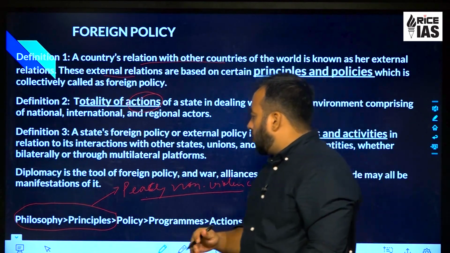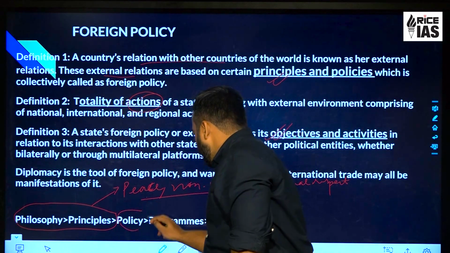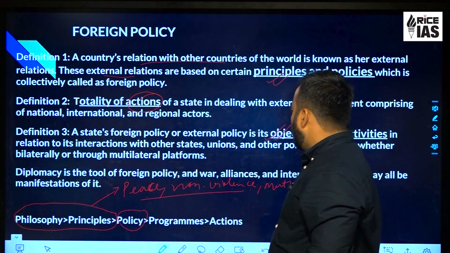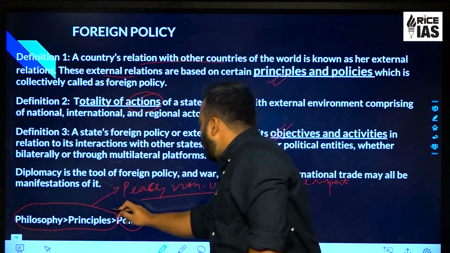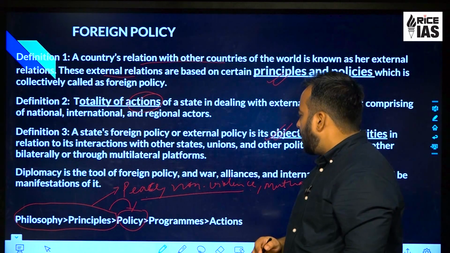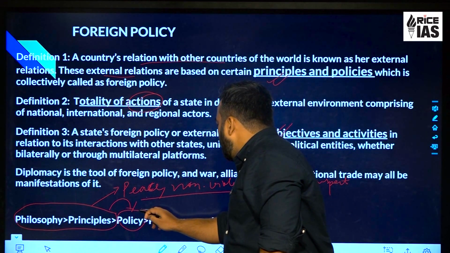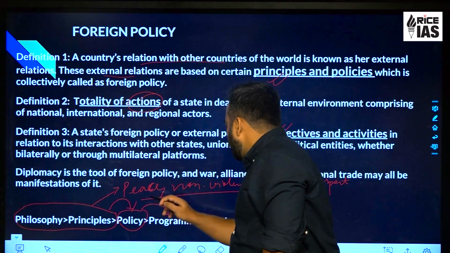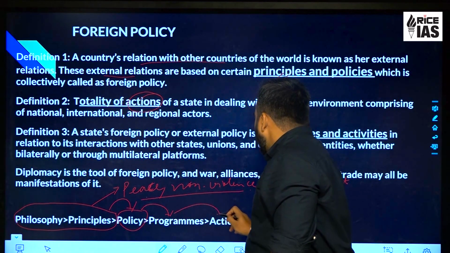So, based on these principles and philosophies, India has come up with its foreign policy, where these principles form the basic pillars on which the foreign policy of India stands. To implement these policies, we have programs, and programs are not just on paper, they are reflected in actions.